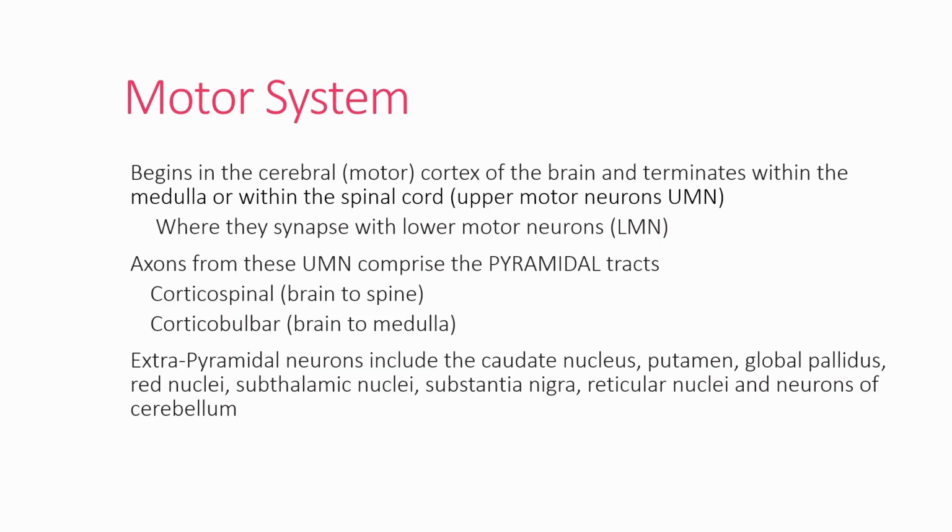The extrapyramidal neurons, these are responsible for coordinated movement, but these are outside the pyramids. They're called extrapyramidal. As you start going through drugs with Dr. Wood, you may start hearing some side effects called extrapyramidal side effects. That means that the drug that you're giving may cause that patient to have some motor problems, but it's not coming from the motor system, it's the coordination of movement.